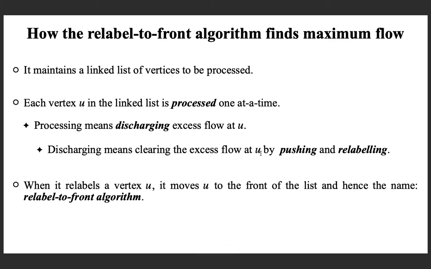And why the name relabel to front? When this algorithm relabels a vertex u, relabel meaning increasing the height of u, it moves that vertex to the front of the linked list, and that is why the name relabel to front.